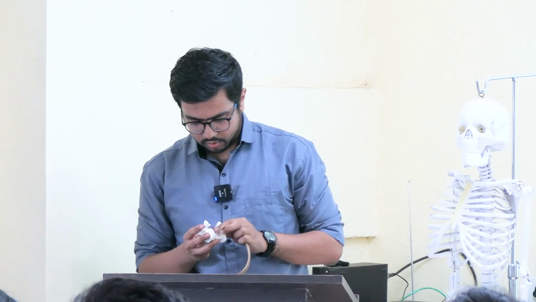So where does it articulate? The medial articulating part of the tubercle articulates with the transverse process of the thoracic vertebra. If it is attaching like this, the articulating part will articulate with the transverse process of the vertebra.